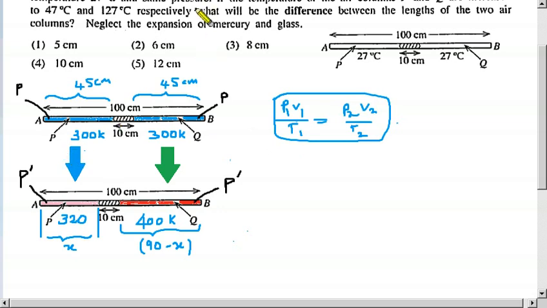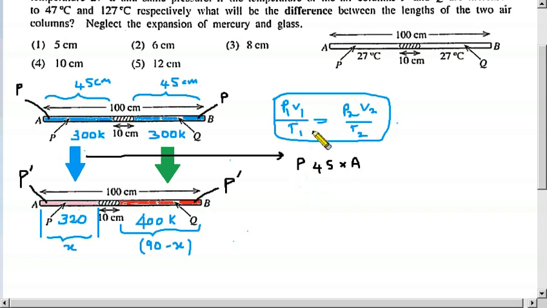Now let us write the equation for this change. P1 is P, V1 is 45 centimeter times cross sectional area, capital A, because we need the volume. This is the length; if we multiply it by the cross sectional area, we get the volume.